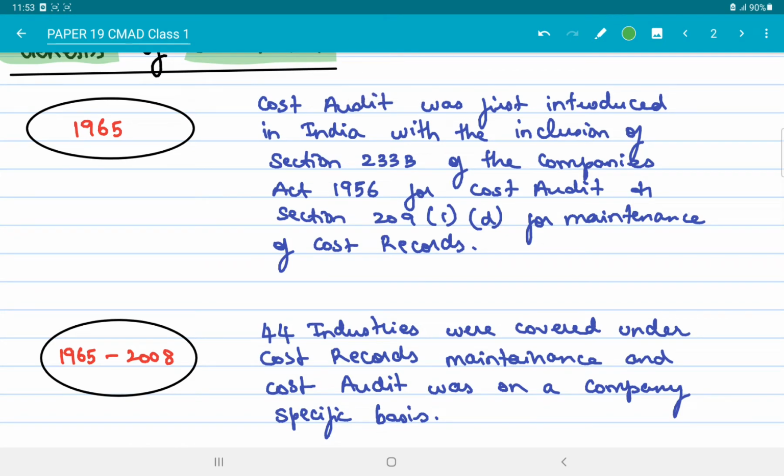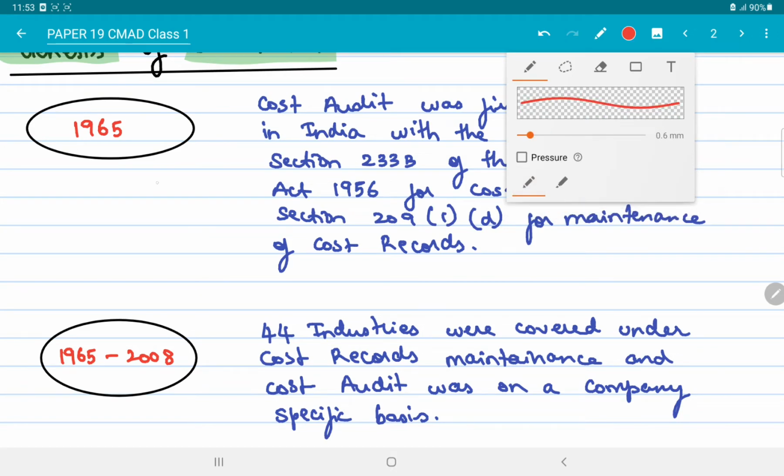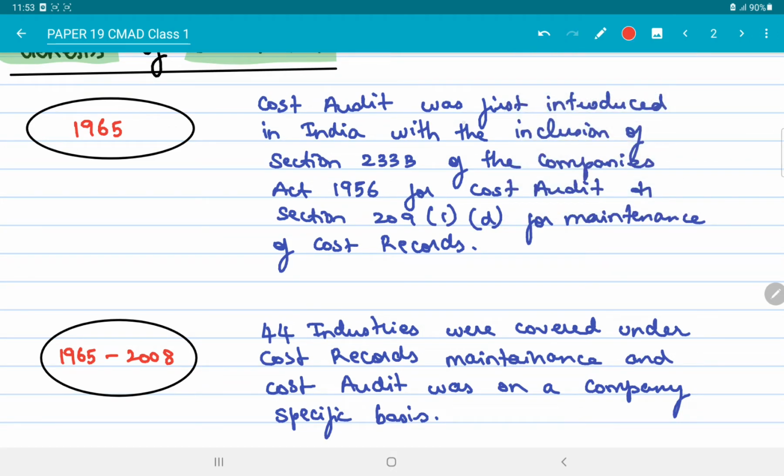In 1965, cost audit was first introduced in India with the inclusion of Section 233B of Companies Act 1956 for cost audit. So in 1965 itself, there was a concept of cost audit.